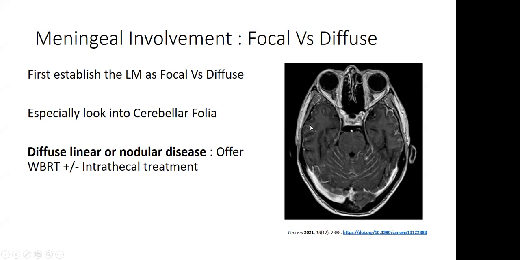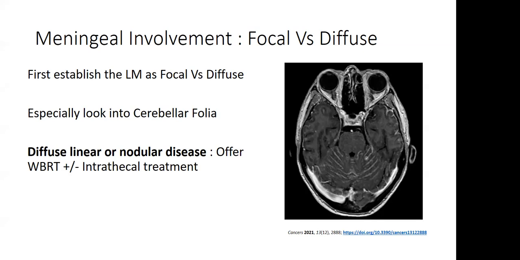So if you are seeing in the hemispheric area or the convexities, if it is not prominent, always look into the cerebellar areas. If the folia is having this much enhancement like this, always take it as leptomeningeal disease. Poor prognosis. So treatment, of course, whole brain, and after that, it depends upon the institutional practice.